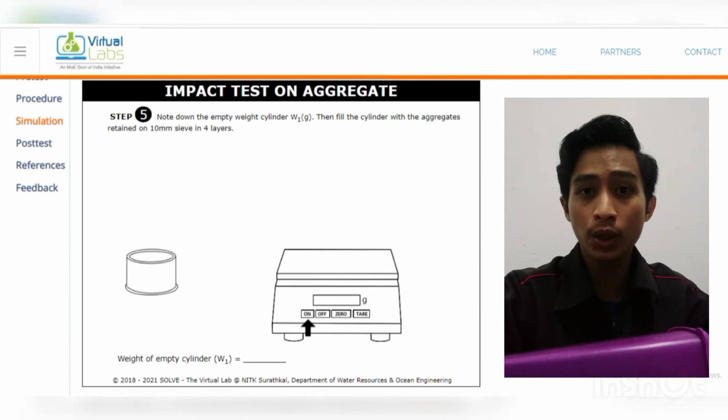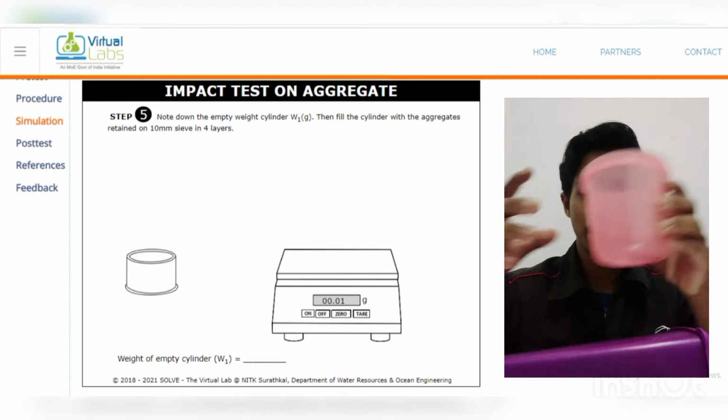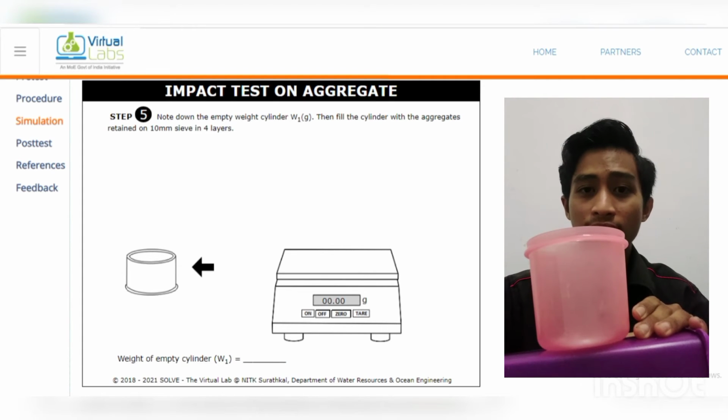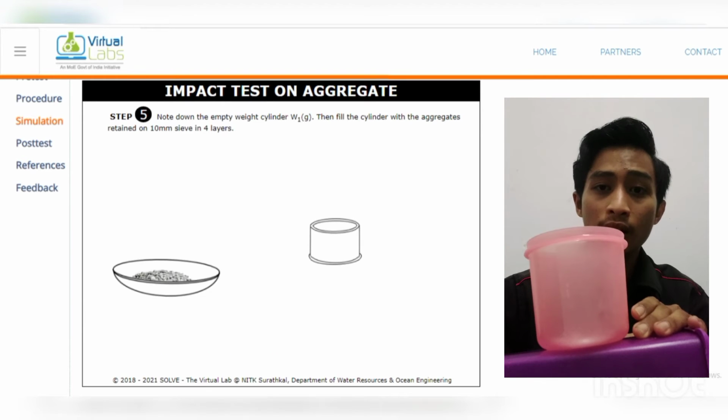Step 5, we will weigh the weight of the empty cylinder. And the weight of empty cylinder is 1911.5 gram.